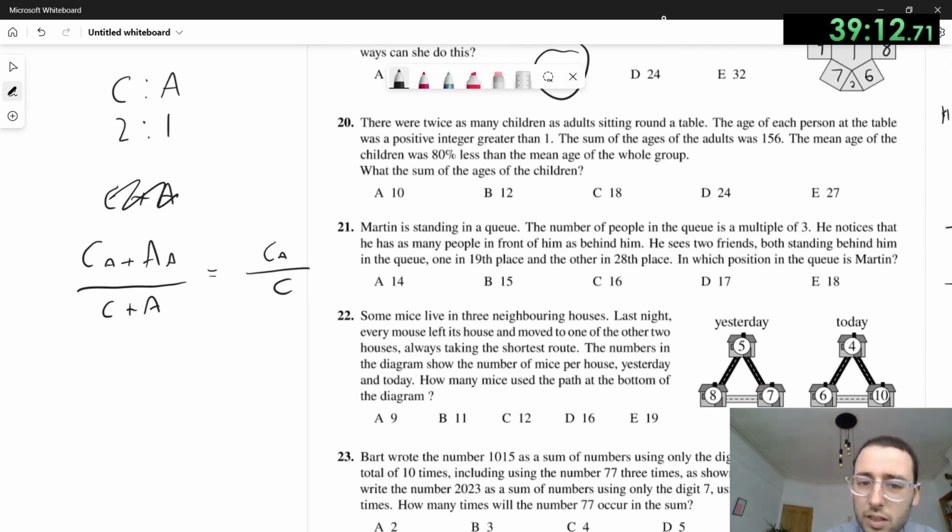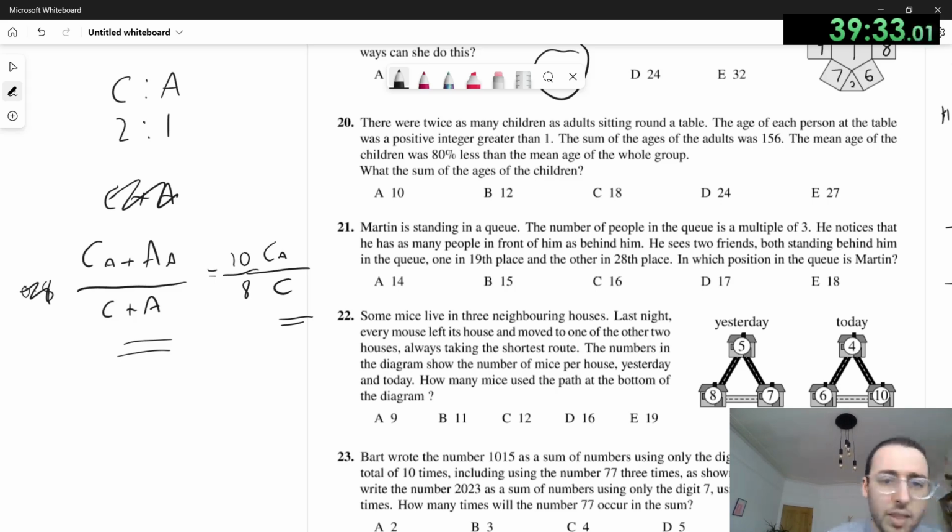If this is 80% less than this, how do I write that again? That's 80% of that. So 0.8 times this is equal to this. So this is 10 over 8, like that.